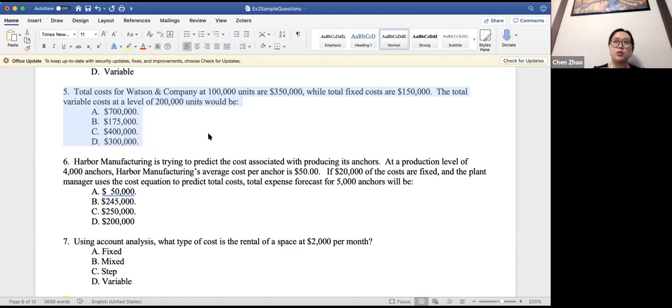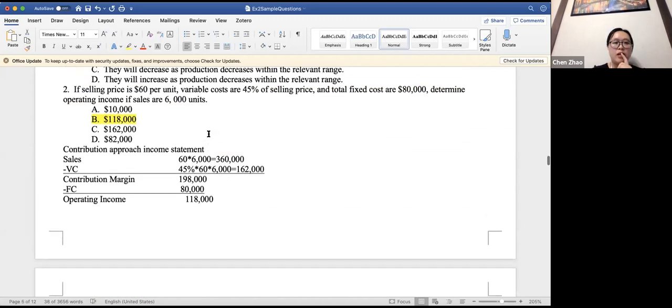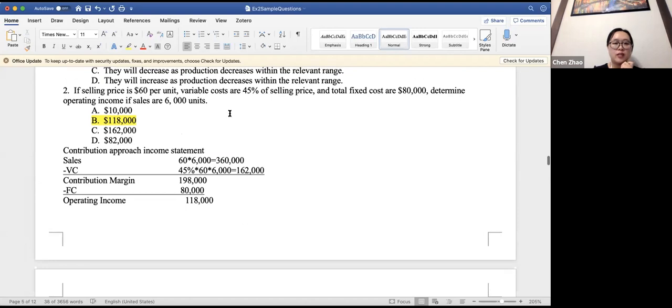Like I said, if you know some of the numbers, how do you reach the rest of that? Give me 1 sec, please. By the way, if you are not attending this review session and you are not seeing the chat transcript, contribution margin ratio for this question is 55%.